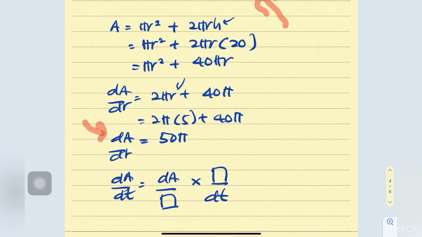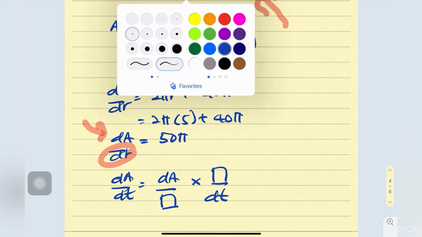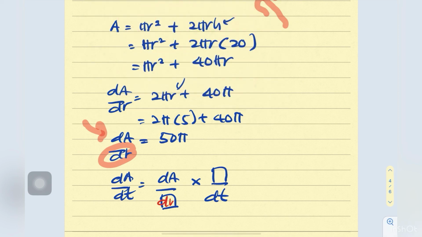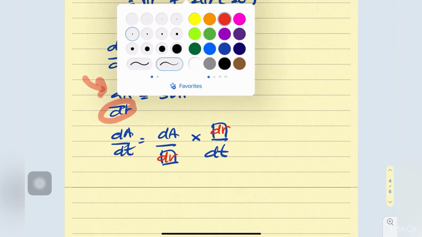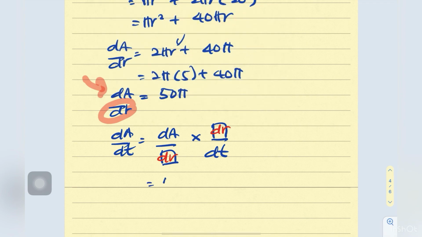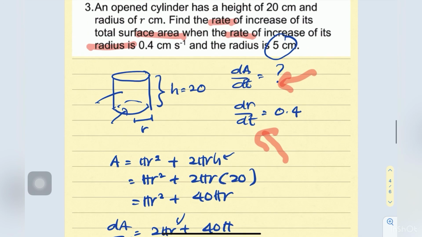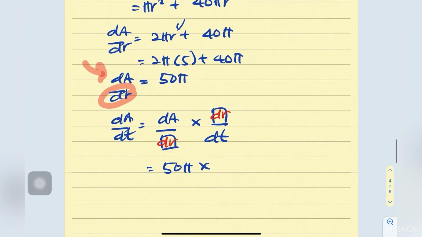This one is dr over dr, so this one is dr, this one dr as well. So dA/dr we substitute, the value is 50 pi. dr/dt is 0.4. So the final answer is 20 pi.